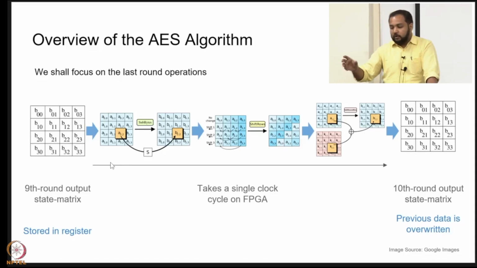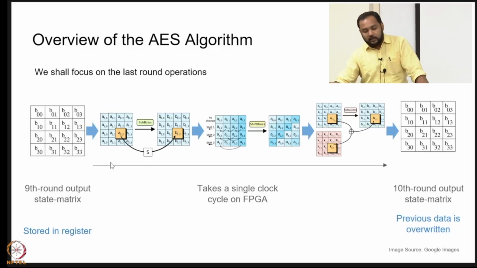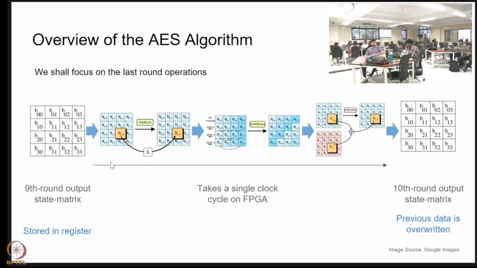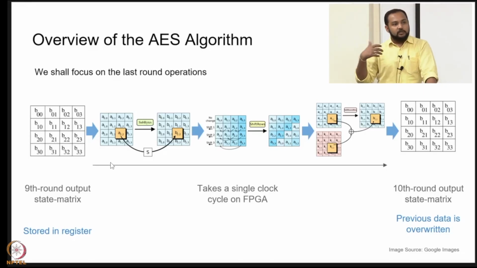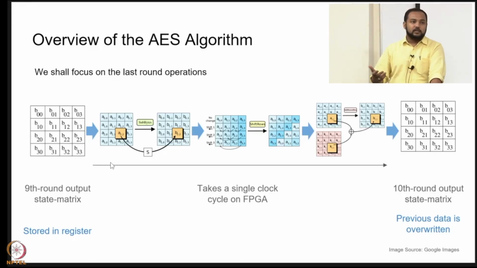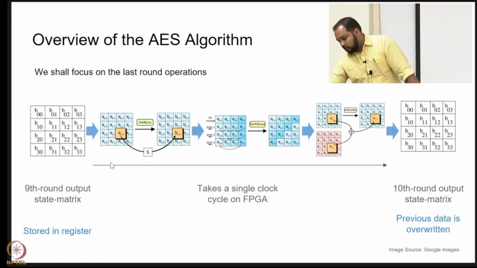So the sweet spot, where to get the real traces, is the 10th round input, which is being stored onto the register. At that point we will be getting the power traces, the data dependent traces, and based on that we will be performing a CPA or DOM or any attack that you need to perform.